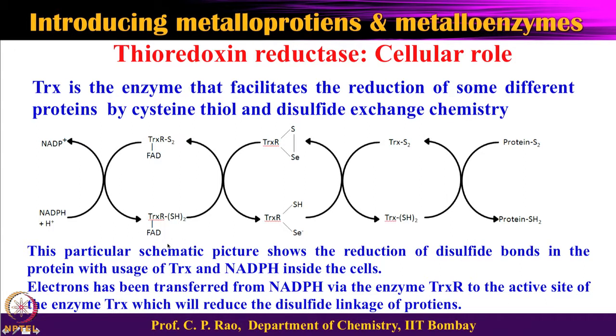To go back to this, the enzyme thioredoxin reductase will use its selenium sulfide bond, and this selenium sulfide bond will break down, giving selenium and SH, and this is coupled with the SeS bond connected in the thioredoxin. So, again this will come to the TRX (SH)2, and this particular reduced form will reduce the protein disulfide to protein thiol or protein cysteine.